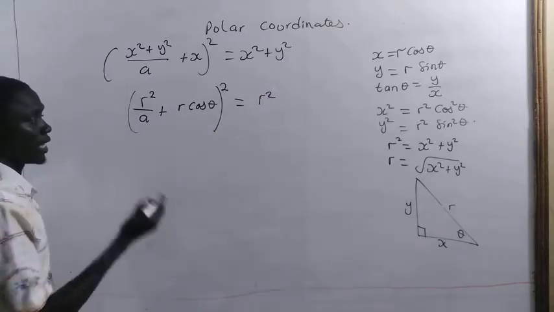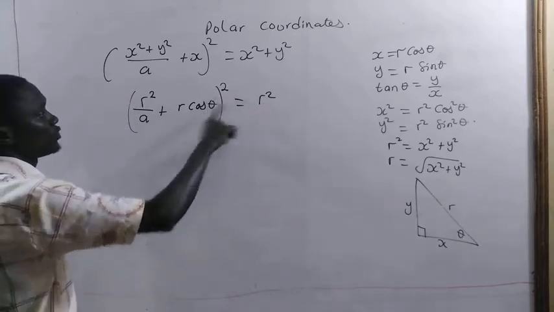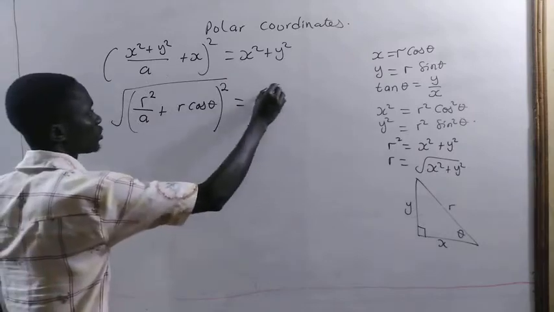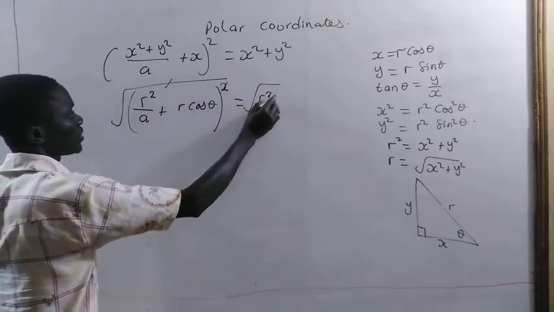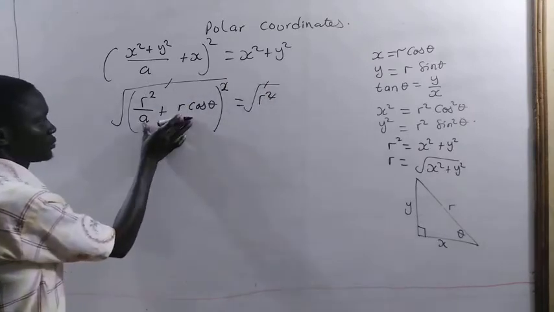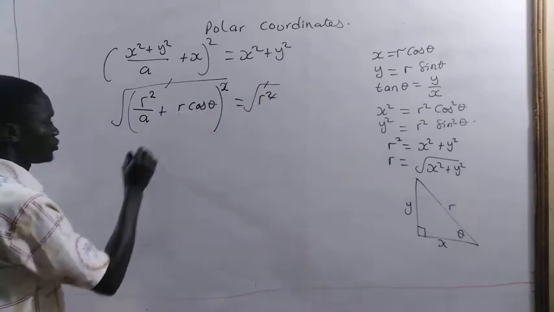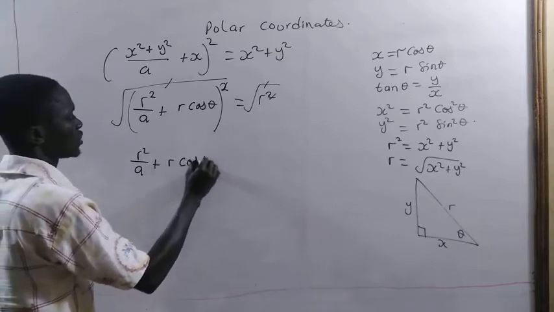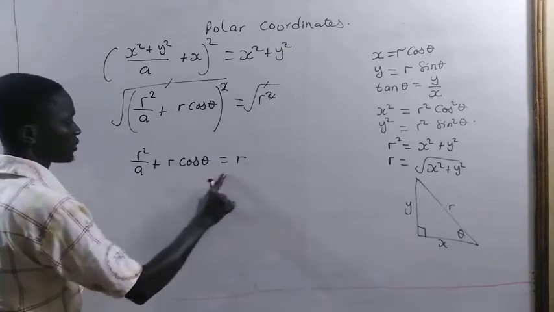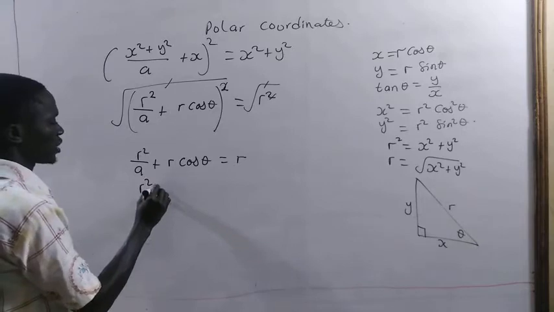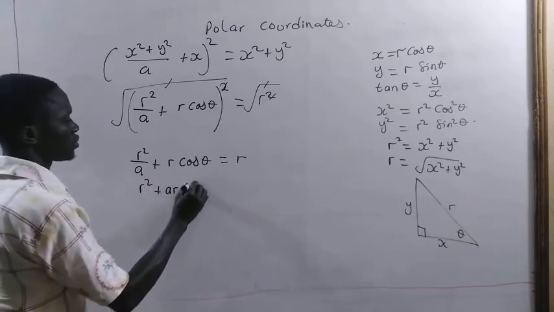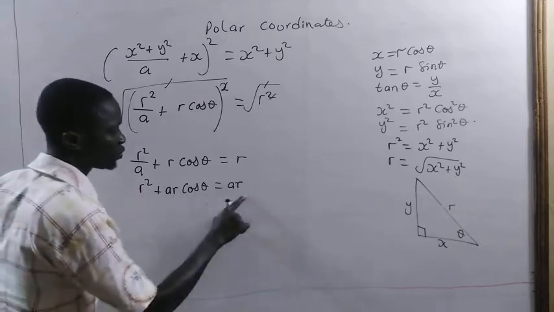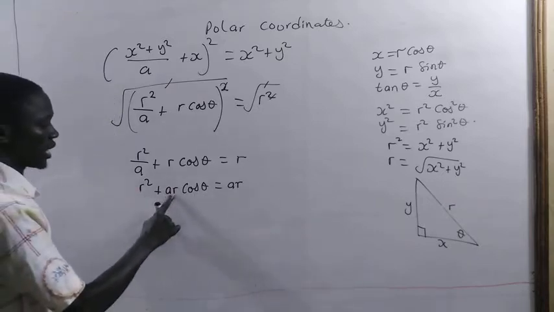So now, how do you solve this? We have to remove the square, so we take the square root here and here. This will cancel this, and this will cancel this. Let's simplify what is inside. You have r squared divided by a plus r times cosine of theta, equal to r. Let's multiply through by a plus r cosine theta. You have r squared equal to ar plus r squared cosine of theta. Here you can divide through by r.